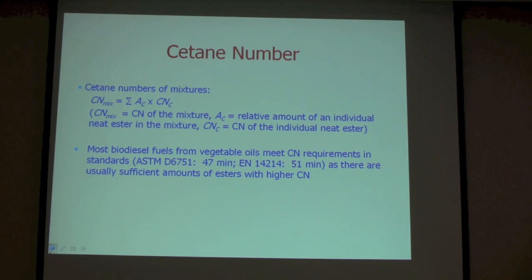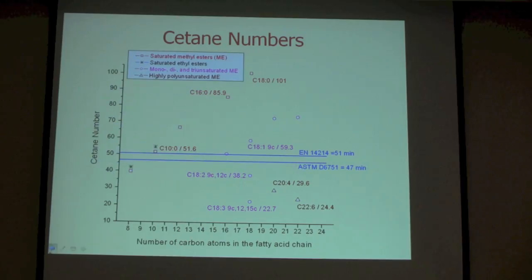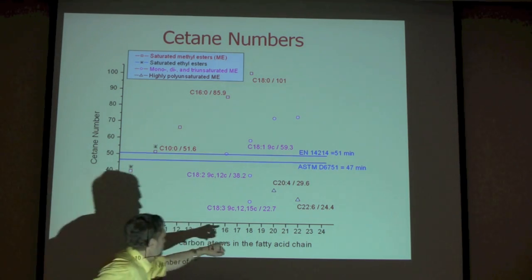If you're thinking high erucic, if you can go back a slide. I didn't show it here, but the C22:1 in high erucic rapeseed is that dot up here.